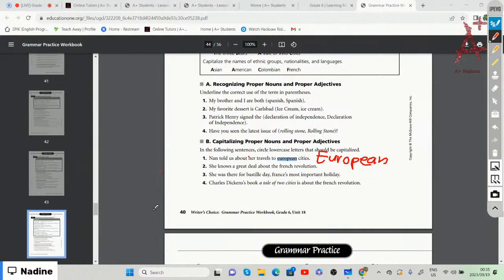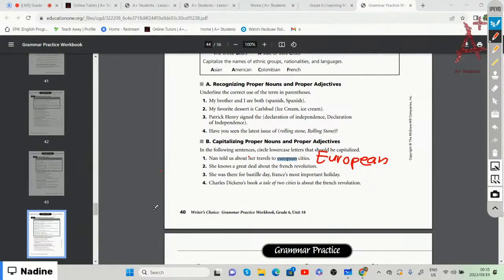She has a great deal about the French Revolution. She has a great deal about the French Revolution, and she was there for Bastille Day, France's most important holiday.